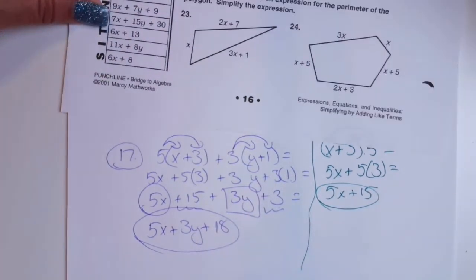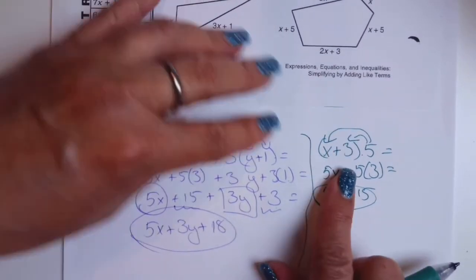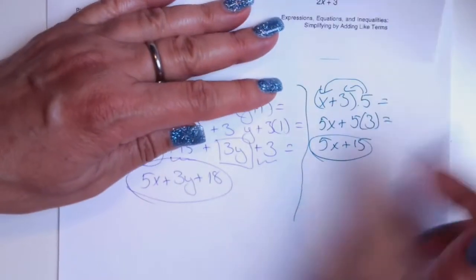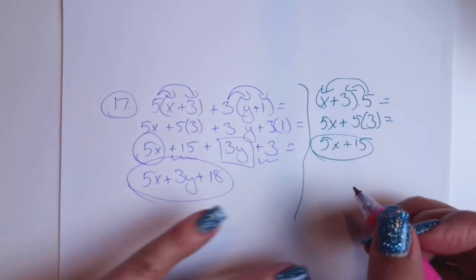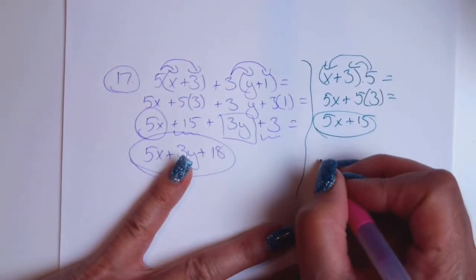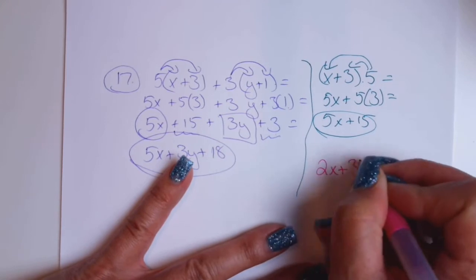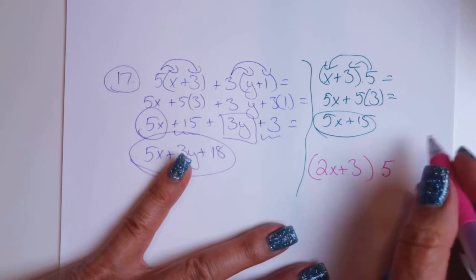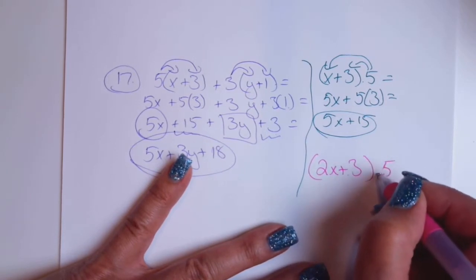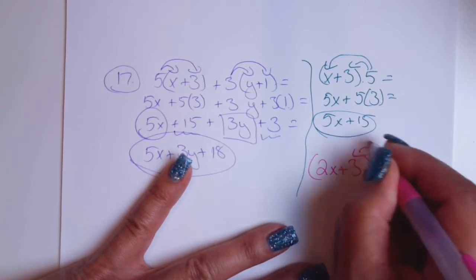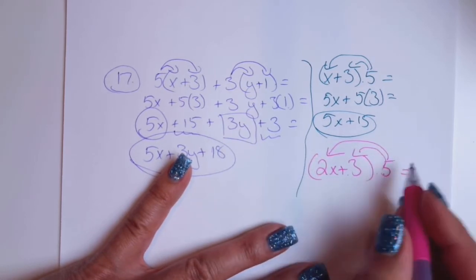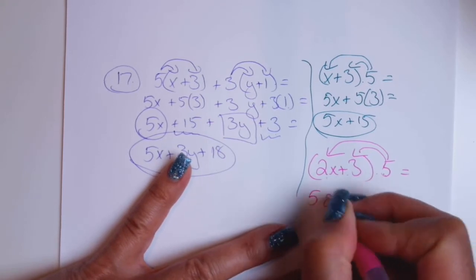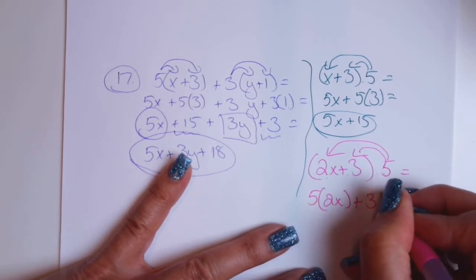Now, if we had, instead of the x plus 3, for example, 2x plus 3 times 5. Again, the 5 is after the parentheses, but there's no other operation in between. So we are multiplying here, or distributing and multiplying. So now we would do 5 times 2x plus 3 times 5, or 5 times 3.